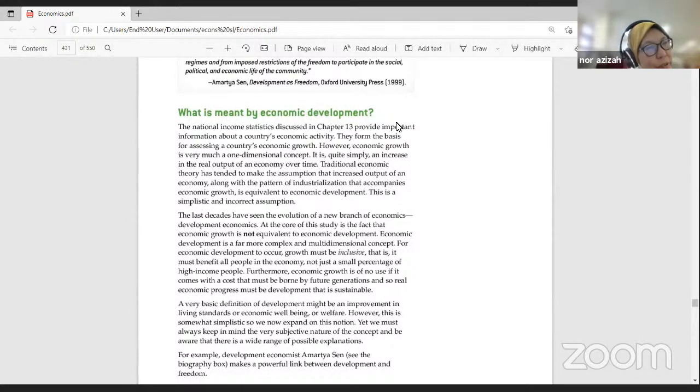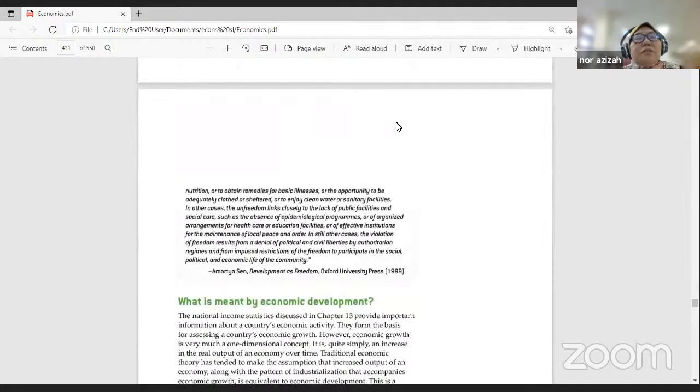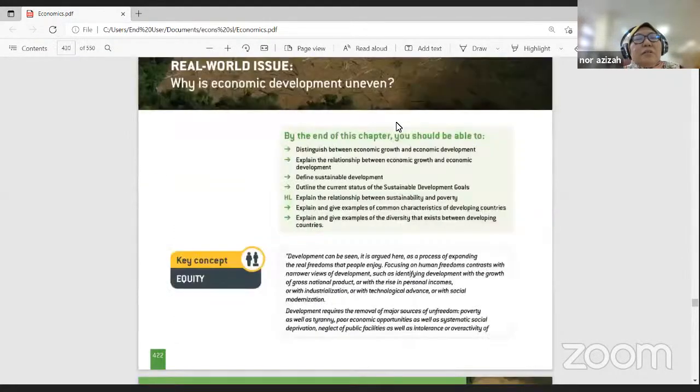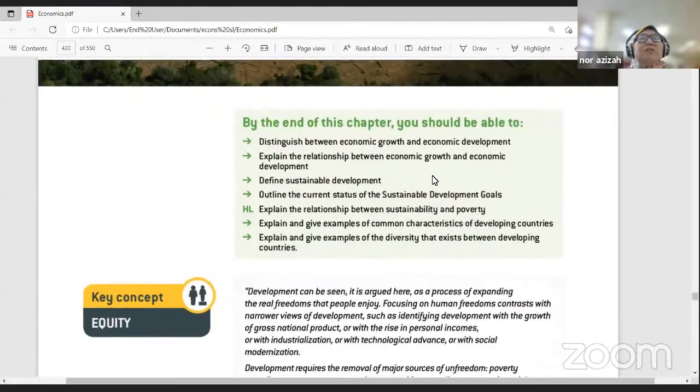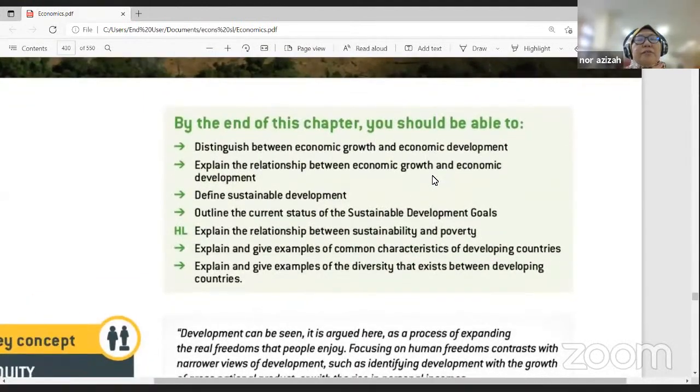So to do that on economic development, we always recap the first one. If you look at page 422, the end of the chapter. Okay, can we enlarge it, Husna?